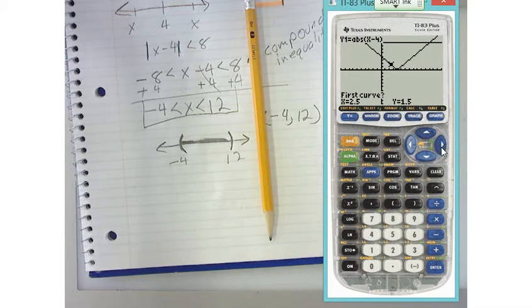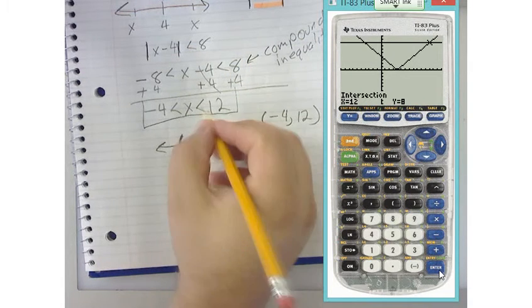Then I'm going to scroll over to one of the intersections. First curve, second curve, guess. Intersection 12. So when x equals 12, what does y equal? 8. Now my question to you is, how do we know to get to this point?